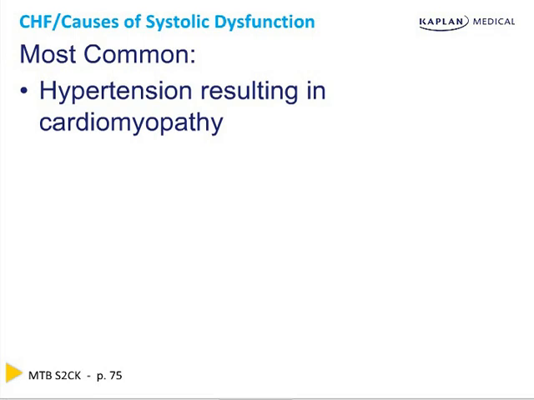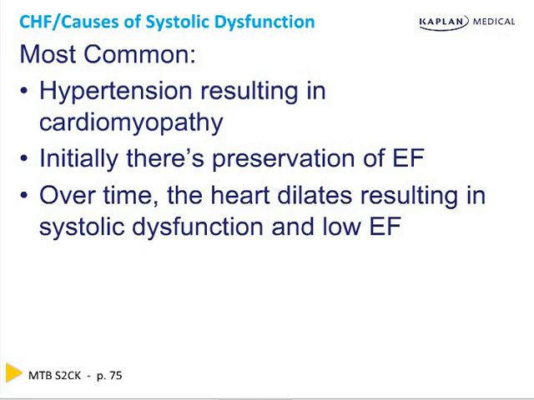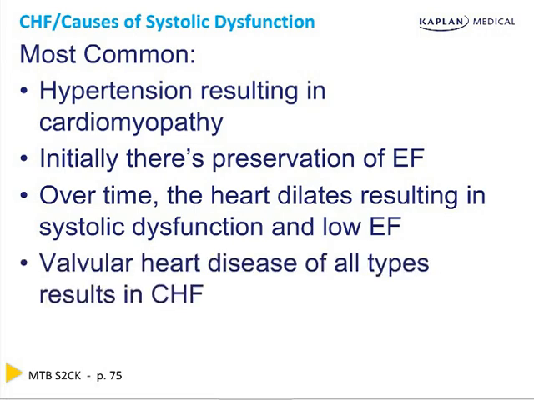But there are far more people with hypertension where you initially have preservation of ejection fraction and diastolic dysfunction, but over time it starts to dilate up. That's simply much more common than people who have myocardial infarctions. But valvular heart disease of any type, whether it's regurgitant or stenotic, can result in congestive failure. Because whether you have blood that leaks backwards or blood that's obstructed from going forward feels the same to the heart and to the person's symptoms.